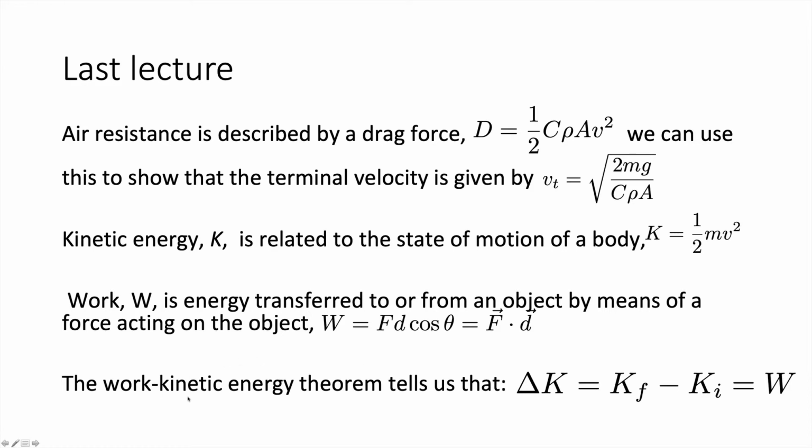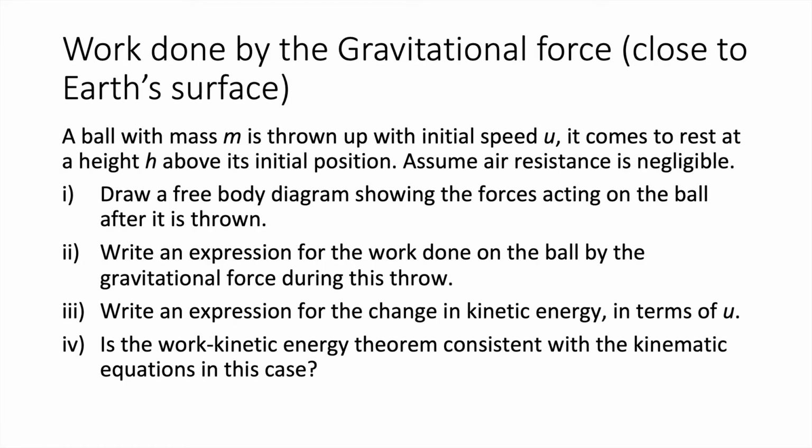We also saw the work kinetic energy theorem that tells us that the change in kinetic energy, which is the final kinetic energy minus the initial kinetic energy, is equal to the work done on the object. So we're going to be looking at the work done by some different forces in today's lecture.